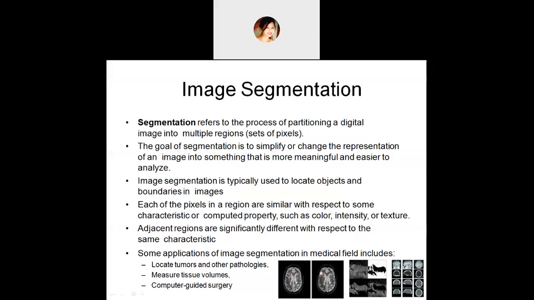When we talk about pixels, we also talk about its neighborhood. That is, when we want to extract information about a particular pixel, we can also take the information from the neighboring pixels as well, right?